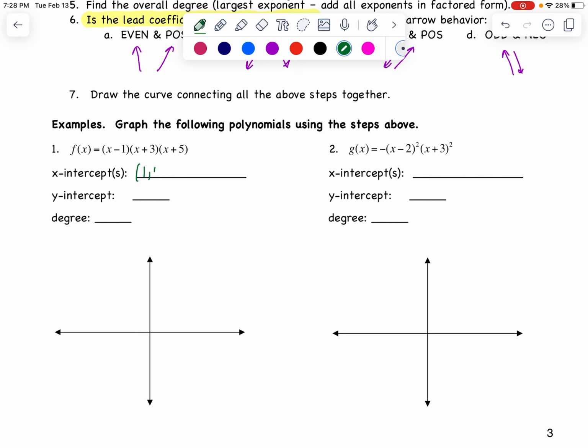Here it looks like we have (1, 0), (-3, 0), and (-5, 0). When labeling the x-intercepts as cross (linear), bounce (quadratic), or squiggle (cubic), in this case, it's all going to be cross. So I would label that.